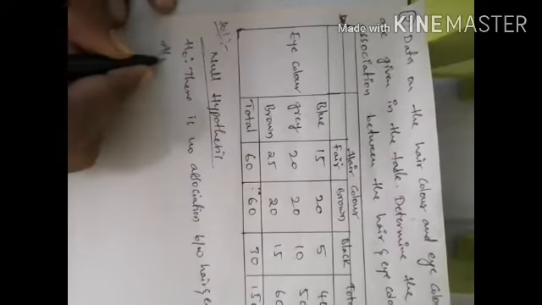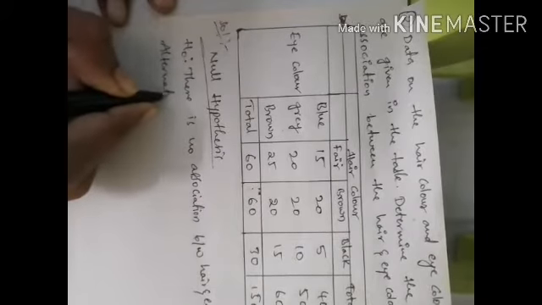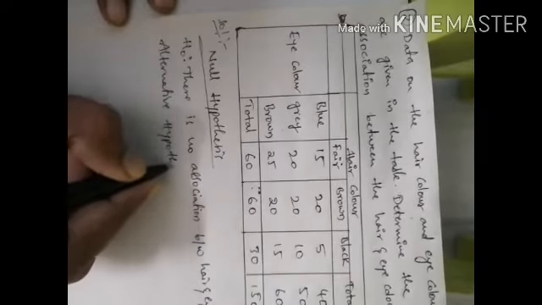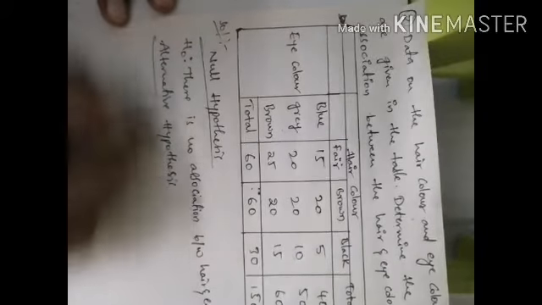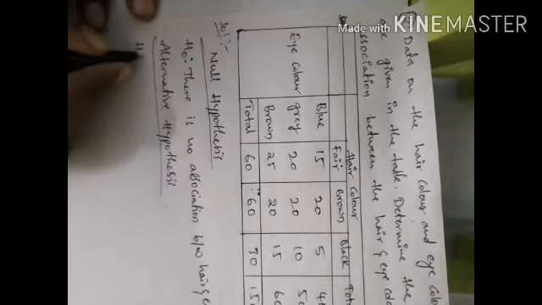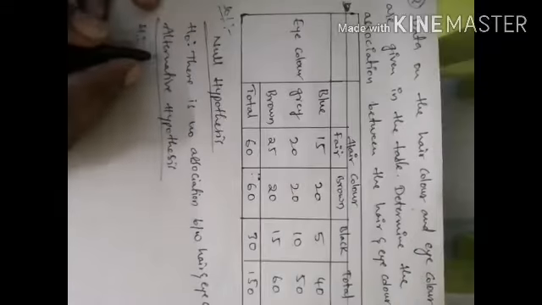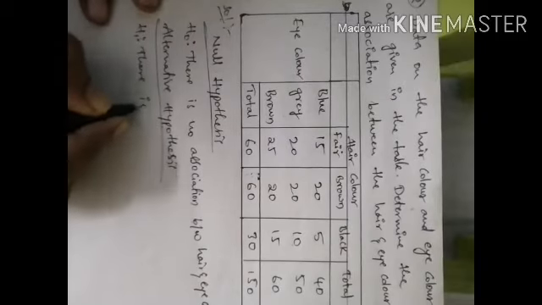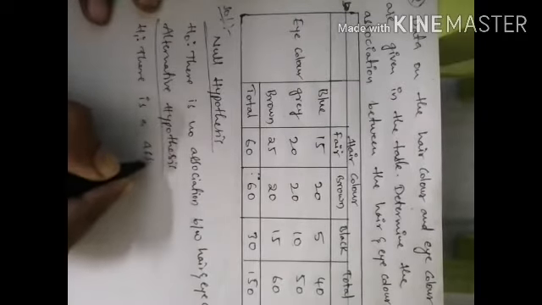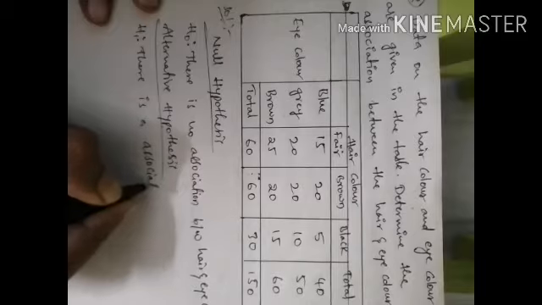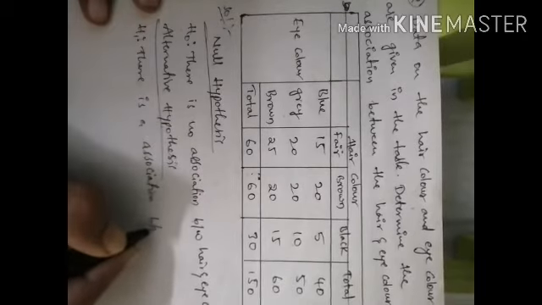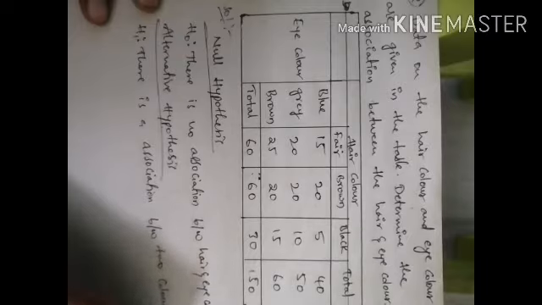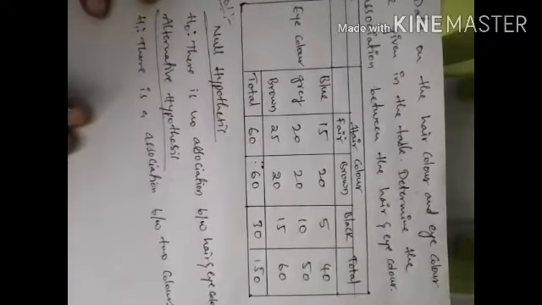So simply, the alternative hypothesis is H1: there is an association between the two, hair and eye colors, right?